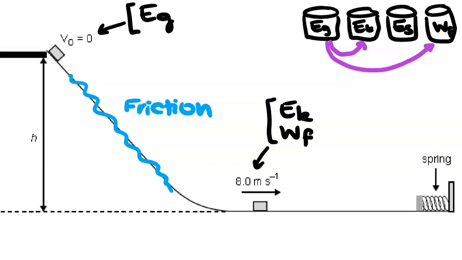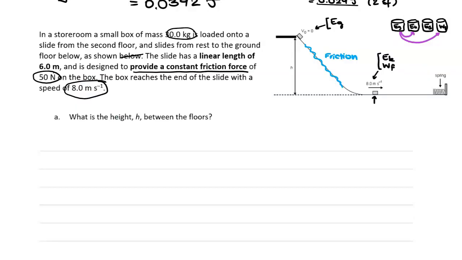And at the bottom, we're talking this point here. We've not reached the spring yet. We're not considering spring potential energy. And as I said, no gravitational potential energy because we're at a height of 0. That means that gravitational potential energy has been completely converted into kinetic energy and some of that work done due to friction. How does that help us determine the height?